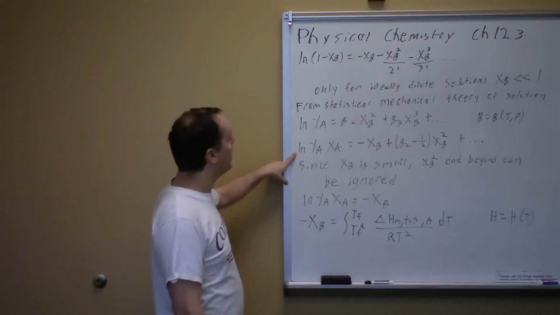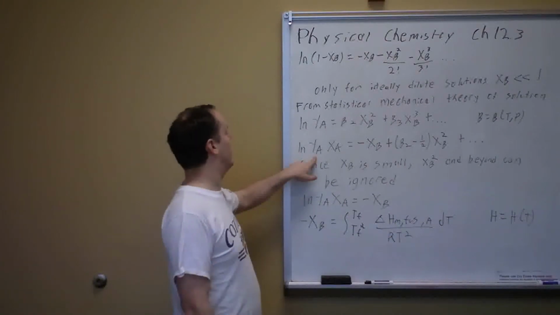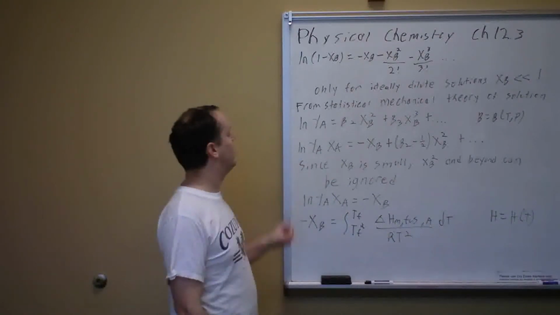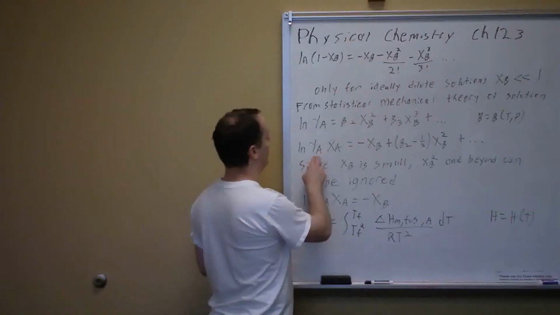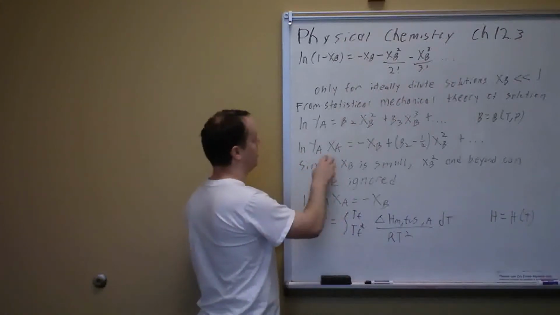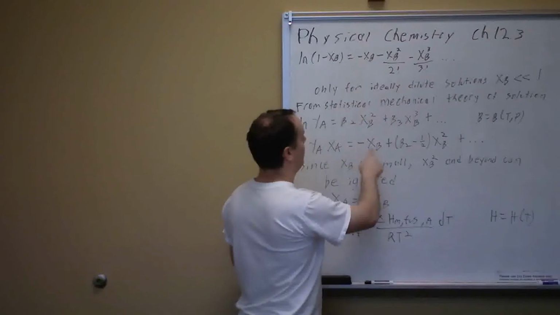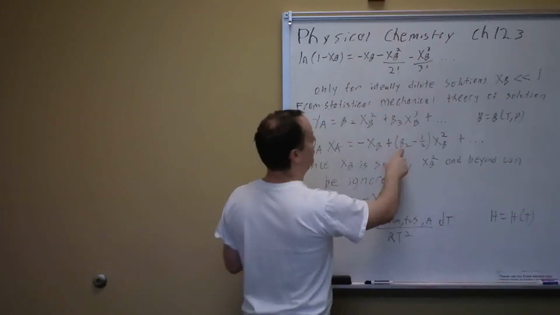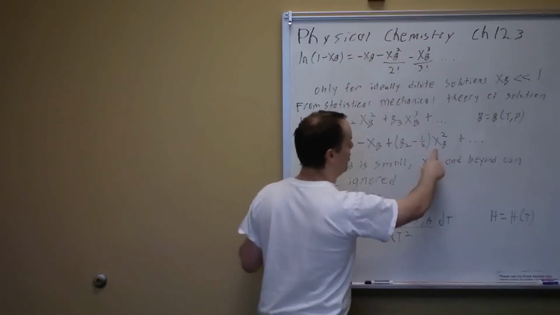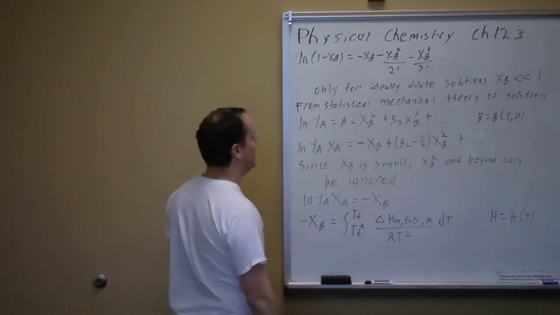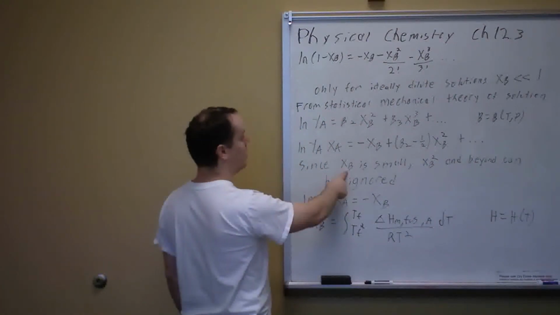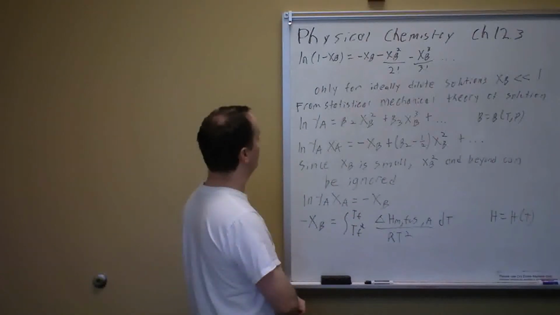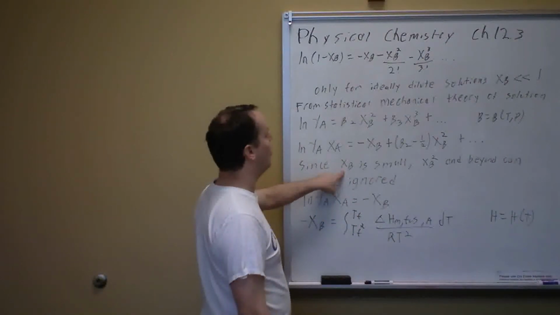So going back to what we had before, the natural log of the gamma of A times the chi of A, remember, activity coefficient times mole fraction of A, our solvent, is going to be equal to minus xB, combining both of these, plus B2 minus 1/2 times xB squared, etc. Now, since we're talking about an ideally dilute solution, xB is really small.